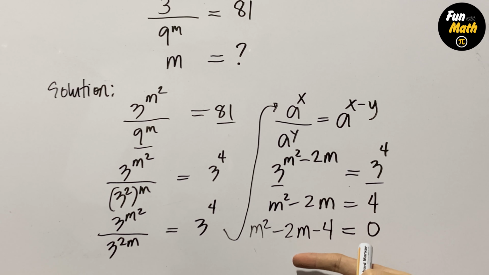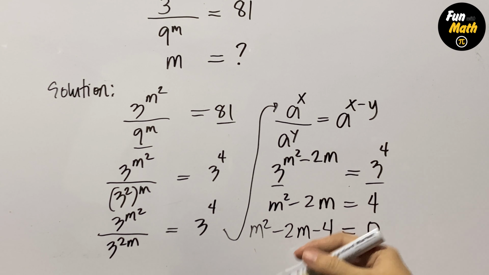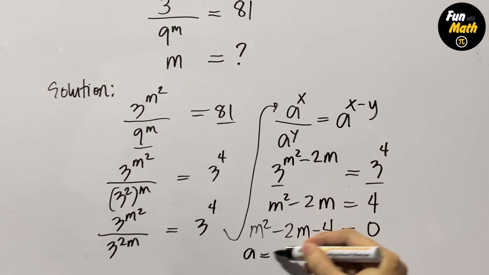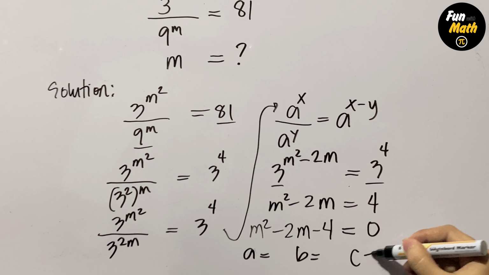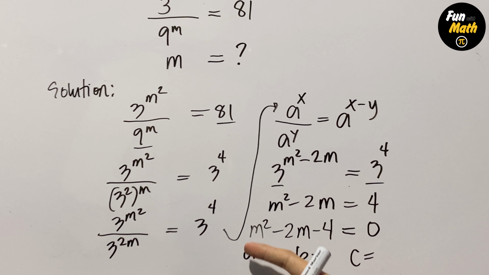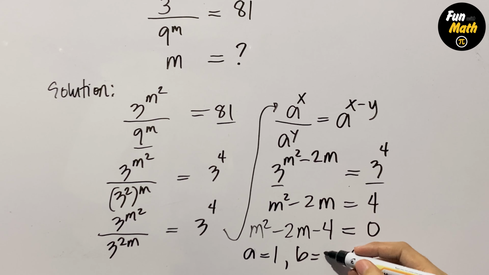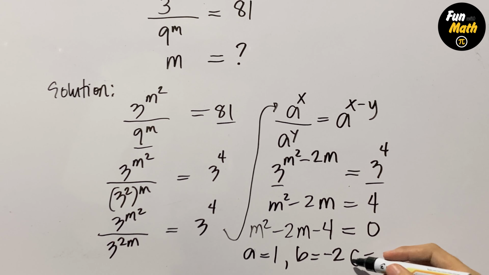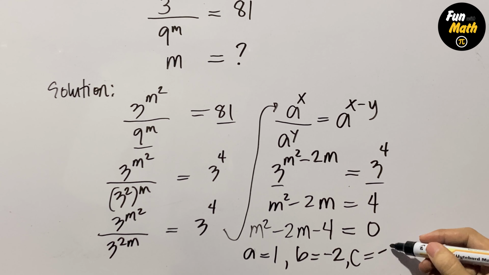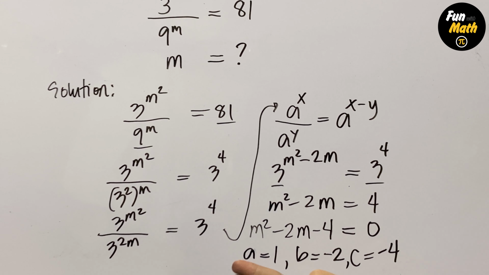But before we use that, let's identify the values of a, b, and c. For a, that is equal to 1. For b, that is equal to -2. For c, that is -4. Now, we have the values for a, b, and c. Now, it's time to solve using the quadratic formula.